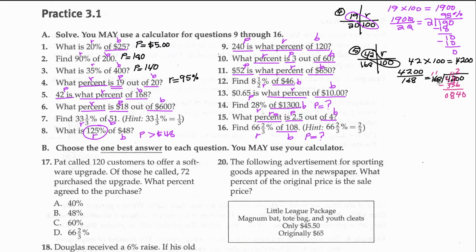So how many times would that be? I look at the 8 here, I look at the 0 here, and I know that 5 times 8 will end up with a 0 at the end. So I'm going to try 5 for now and see if that works. 5 times 8 is 40, right?